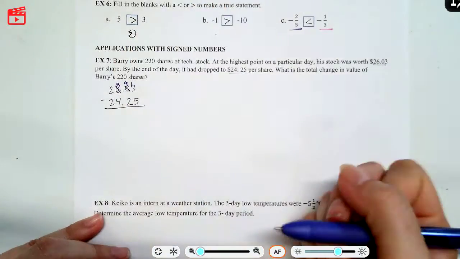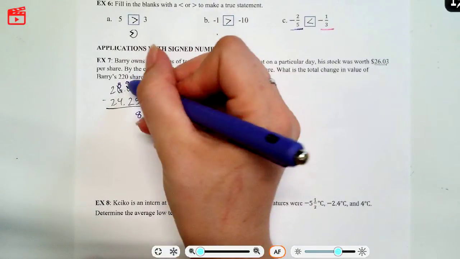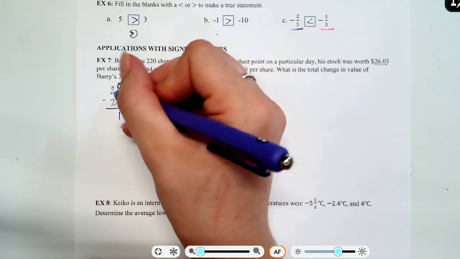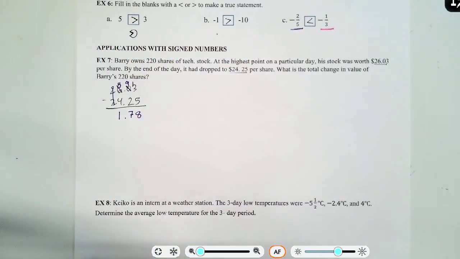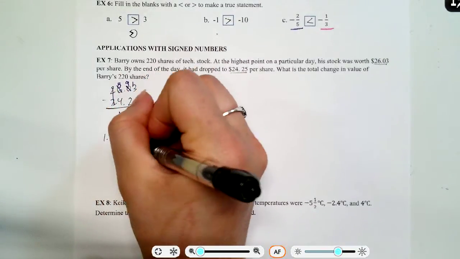And there we go, 13. So 13 minus 5 is going to be 8, I believe. Yep. And then 9 minus 2 is going to be 7. 5 minus 4 is going to be 1. And 2 minus 2 is going to be 0. So there is a $1.78 difference in stock.